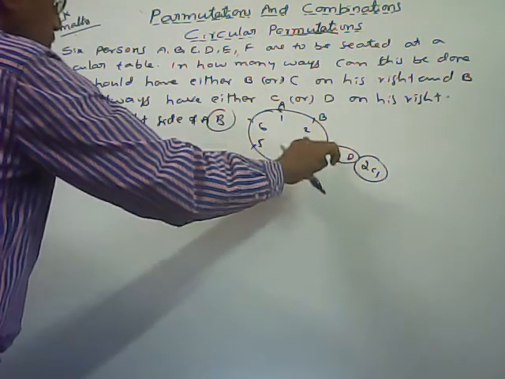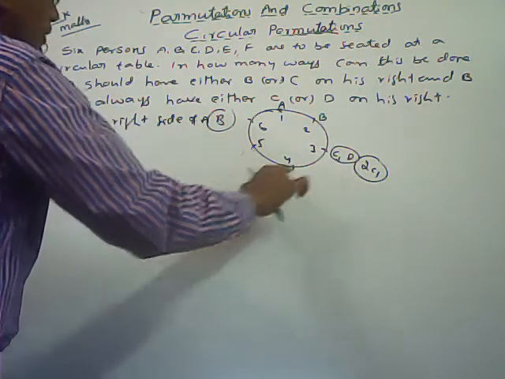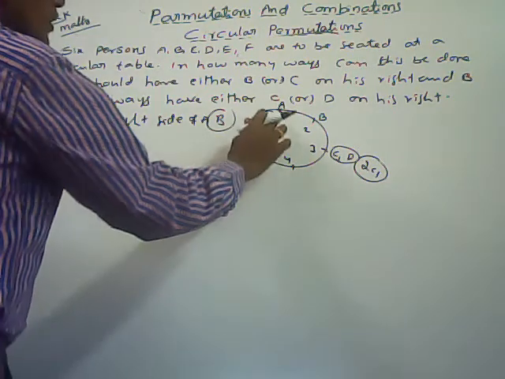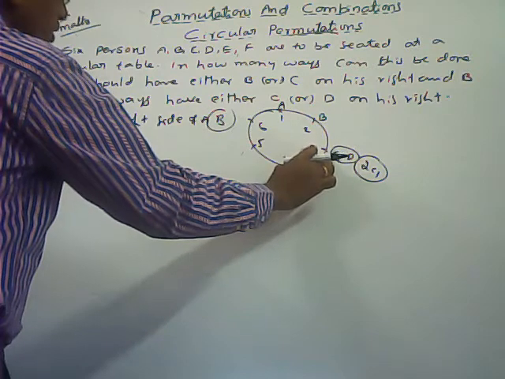After keeping one, more are there. Total remaining, how many persons are there? A, B are fixed, and here also I am fixing 1.